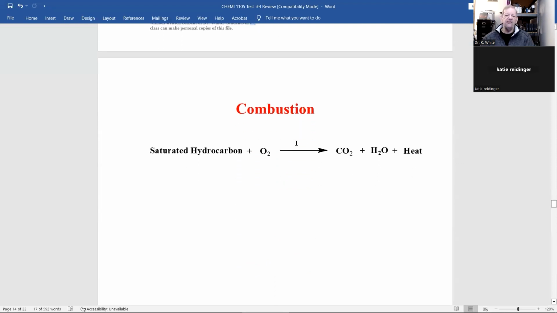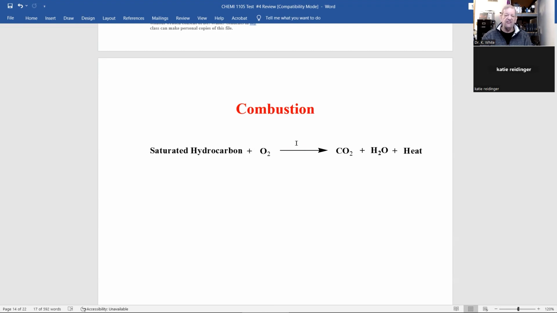Now, I only taught you 2 general reactions in this chapter. The first one is, if you have a saturated hydrocarbon, a molecule with only carbon, hydrogen atoms, carbon-carbon single bonds, and you react it with oxygen, and organic chemists are lazy. We don't balance equations unless we have to.